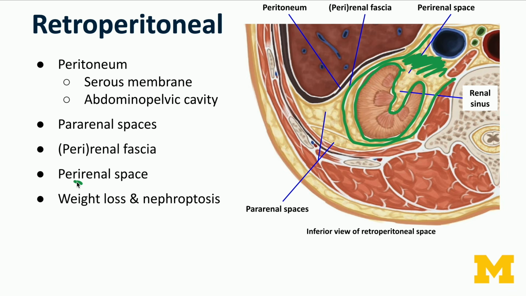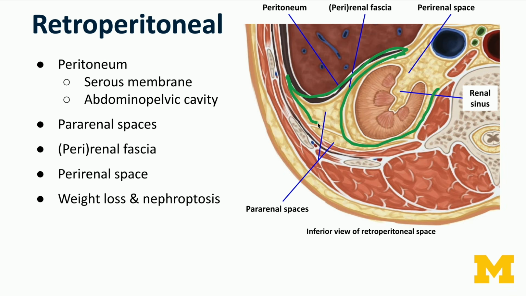You can conceptualize this kind of like an inverted cone, with the base of the cone being just above the suprarenal gland and tapering down following the ureter towards the pelvic cavity. Now, outside of that renal fascia, or perirenal fascia, there are pararenal, para with an A, spaces.